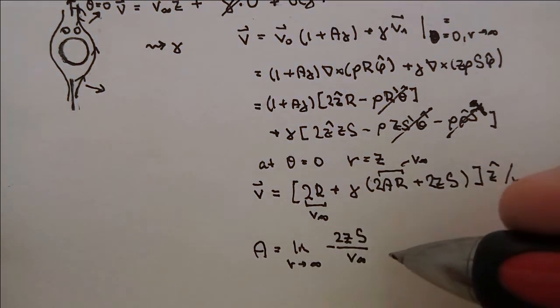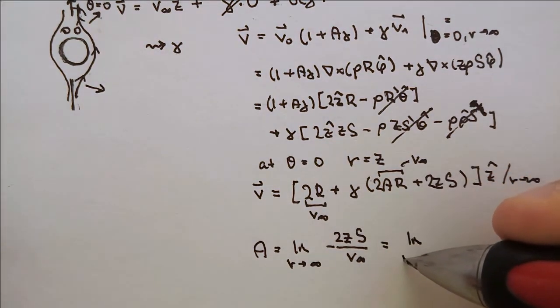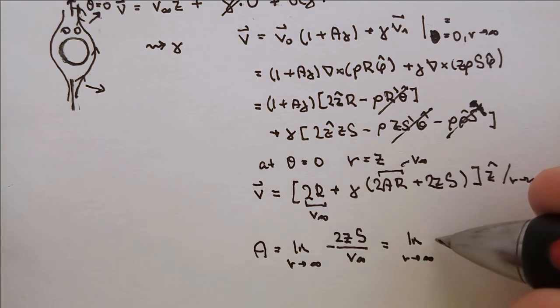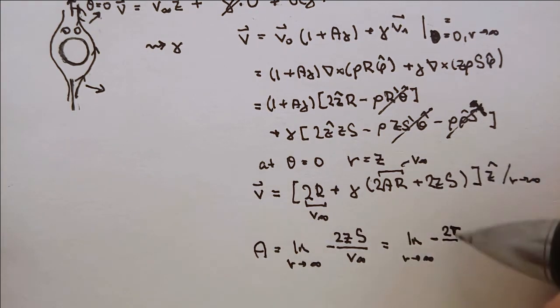And as you know, this is the limit as R goes to infinity. This is minus 2Z, which I'm going to write as R instead.